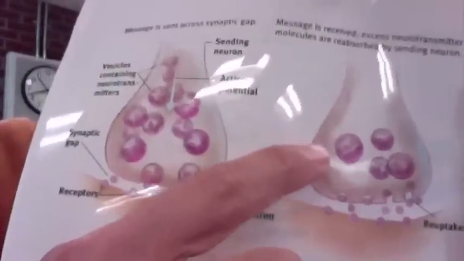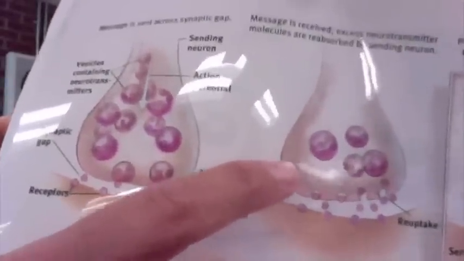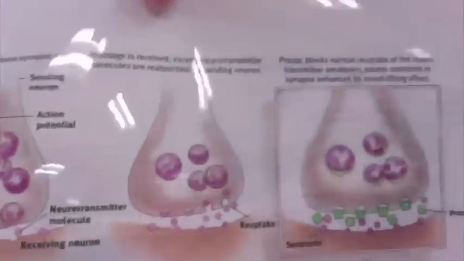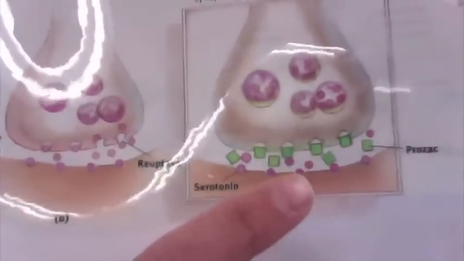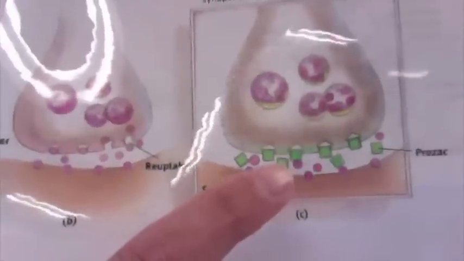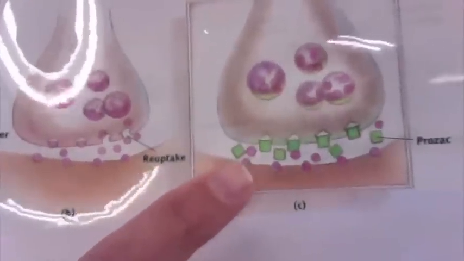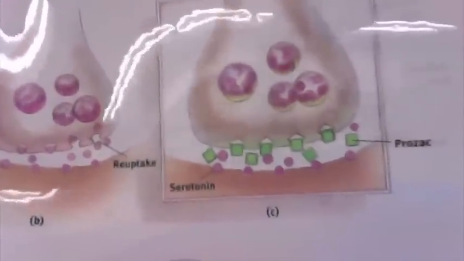Okay? And with reuptake, there are some substances that can block the reuptake of a neurotransmitter. So for instance, in this picture, you see the drug Prozac, which is an antidepressant. It blocks the reuptake of serotonin. So serotonin helps lift your mood a little bit.